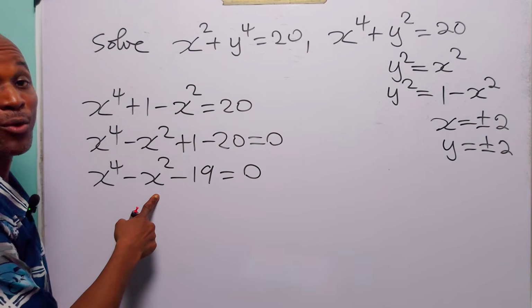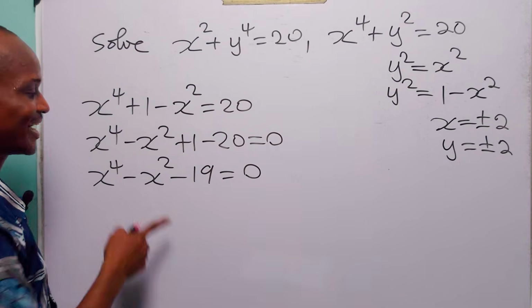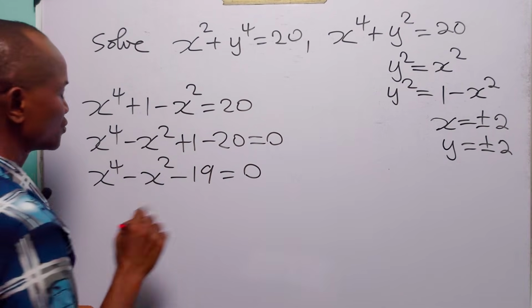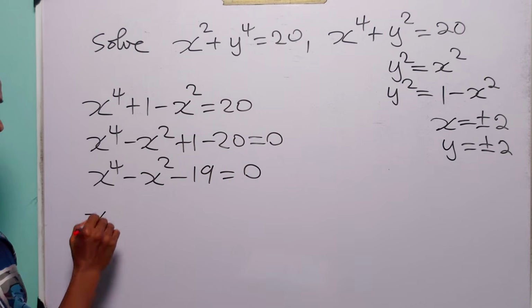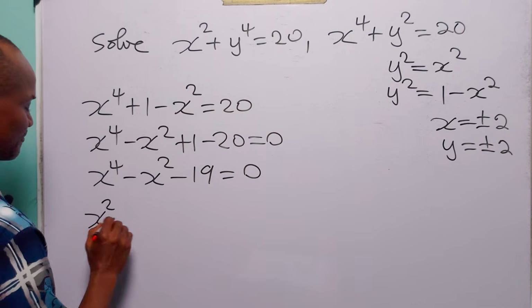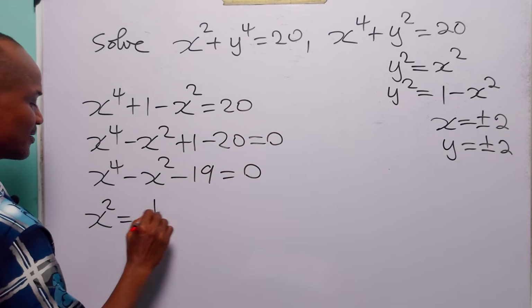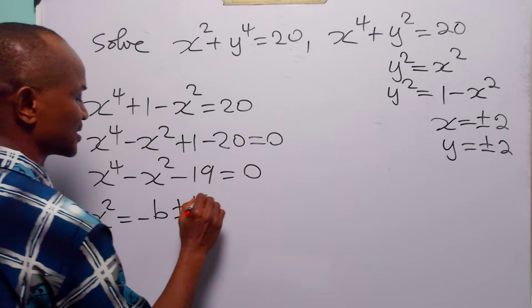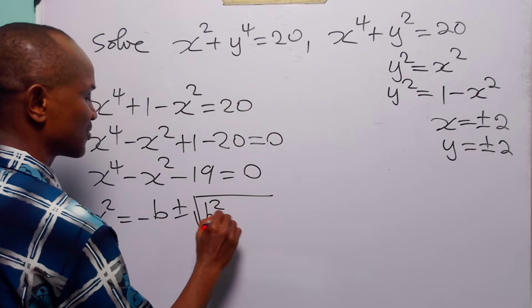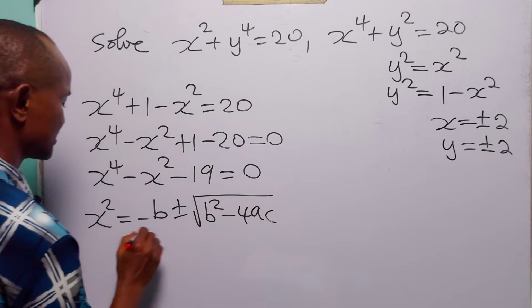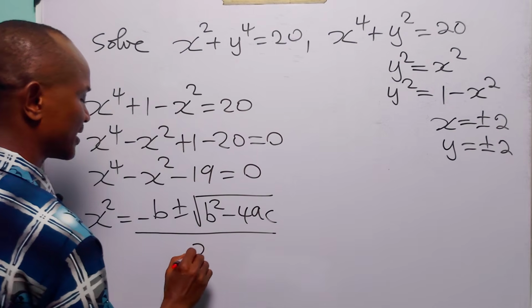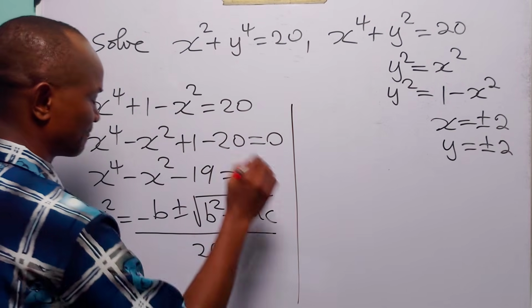Now this is a quadratic equation in x squared. So to find the values of x squared, we use the quadratic formula. This is equal to minus b plus or minus the square root of b squared minus 4ac all divided by 2a.